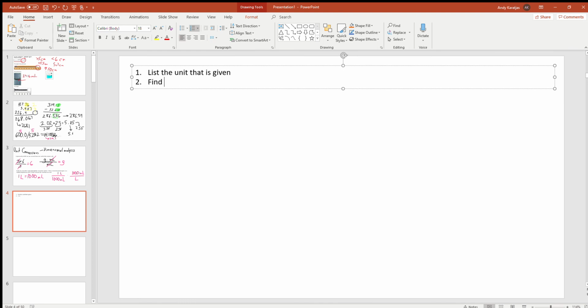Then we need to find the unit that we want, and then we find appropriate conversion factors to get us there. So let's try it by doing the following. Let's say we wanted to know how many inches are in 1 kilometer.